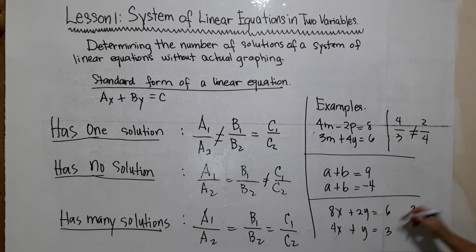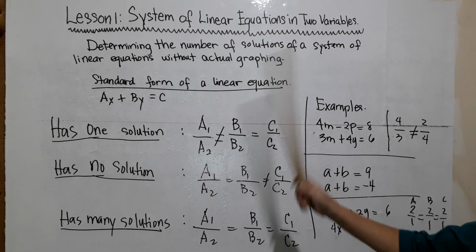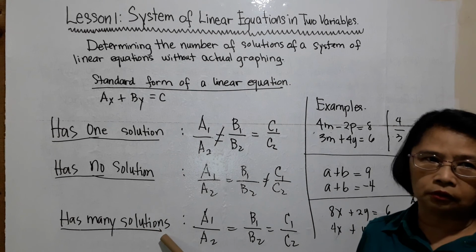The ratio of 8 to 4 is 2 to 1. This is the A, this is the B, and this is the C. The ratio of the second terms is 2 to 1, and the ratio of the third terms is 2 to 1. So all the ratios are equal. If that is the case, we expect that the given system of linear equations has many solutions.